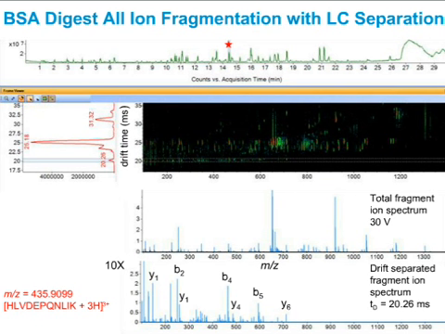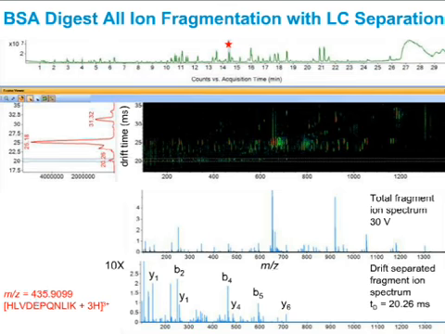And we can do a database search of those ions to identify what that peptide is. And that's shown on the left there as a +3 ion with a mass of 435.9 m/z. So you can see in this example here, it would have been probably impossible to identify this small component in the presence of everything else that was co-eluting at that retention time.